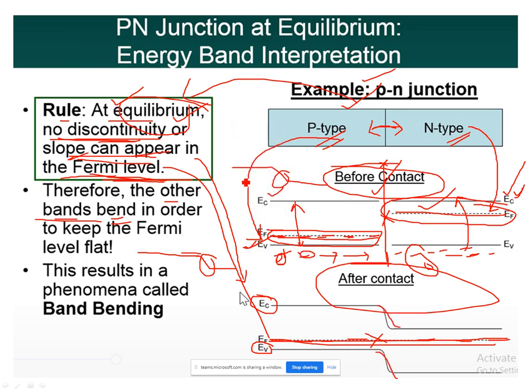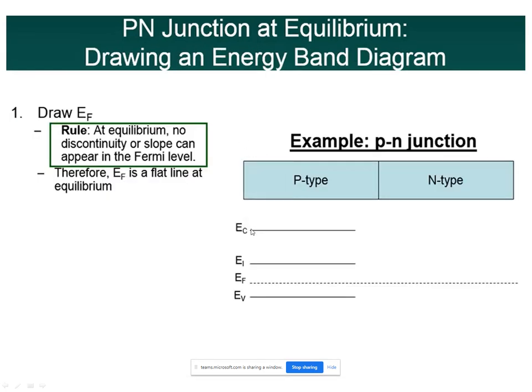How to draw that, we will see in the next slide. So the concept we are coming across here is something called band bending. We will see how to draw the energy band diagram.